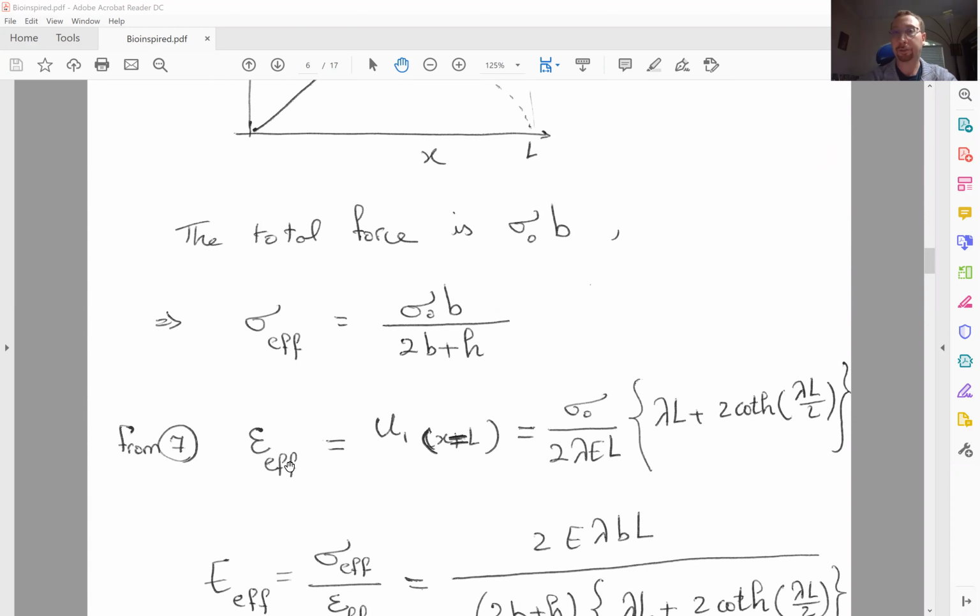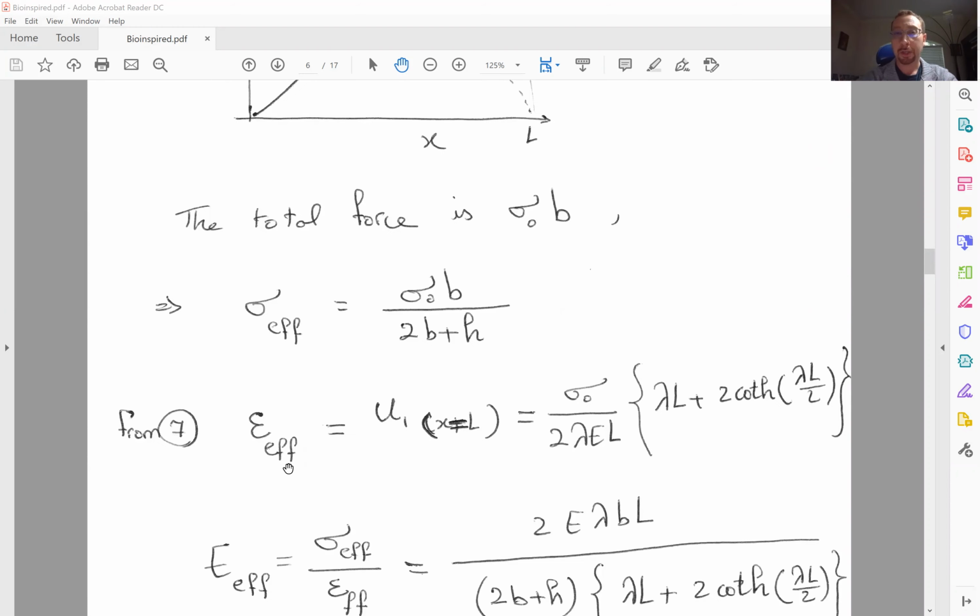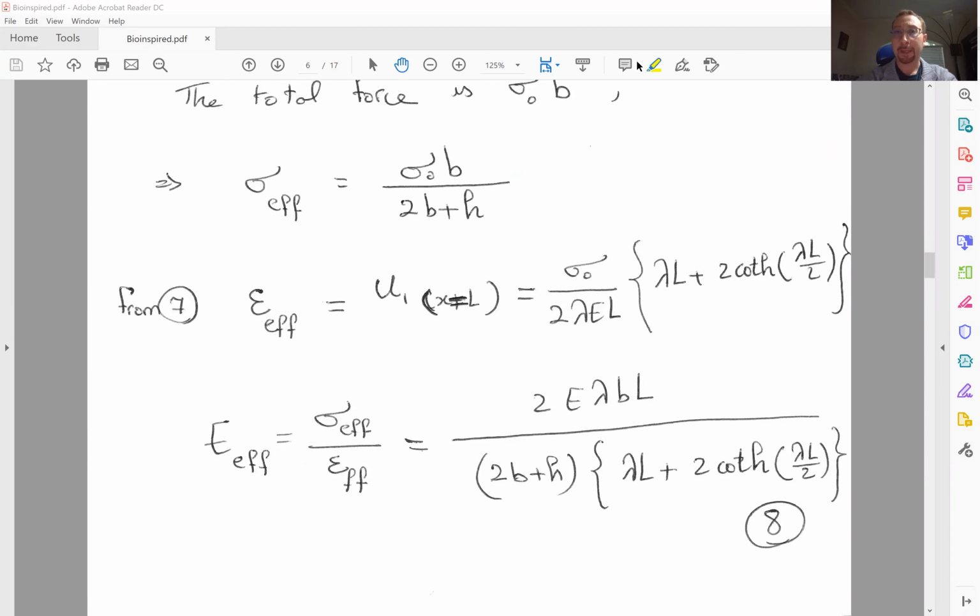This is basically the change in length divided by the initial length.